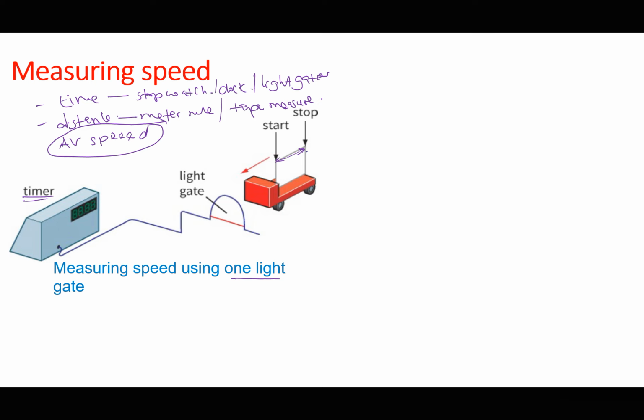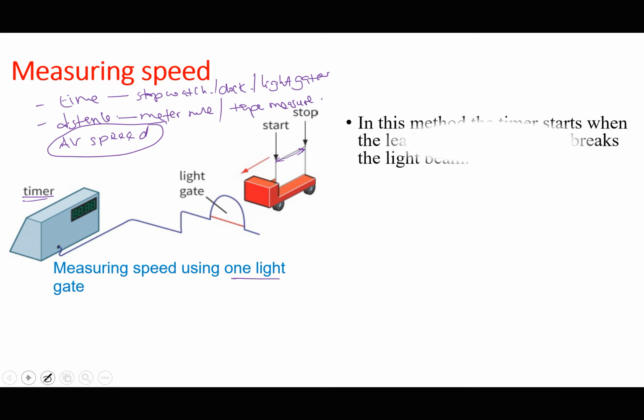So using the formula speed is equal to distance over time, I'll be able to estimate the speed, which will actually be the average speed of this trolley. So in this method, the timer starts when the leading edge of the card breaks the light.